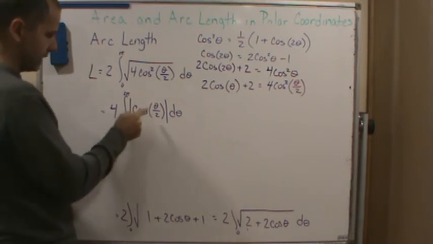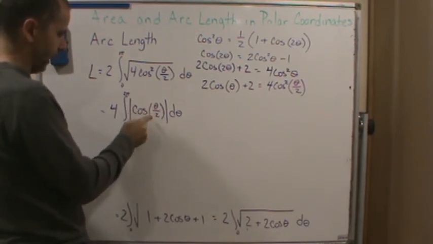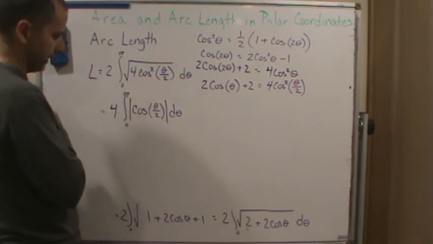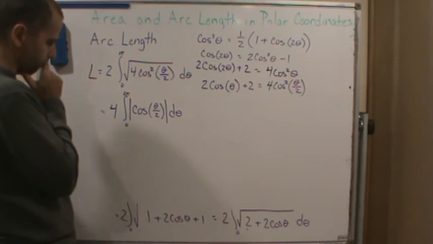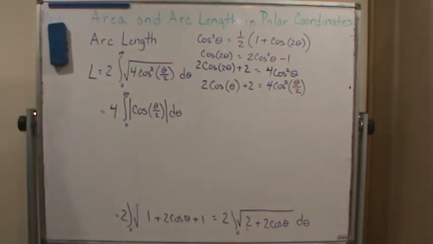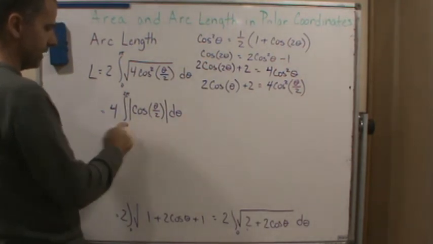This angle in here is going to go from 0 to pi. At 0, it's going to be 1. At pi, it's going to be negative 1. But there's a way we can fix that. We can restrict the interval, because this is symmetric.